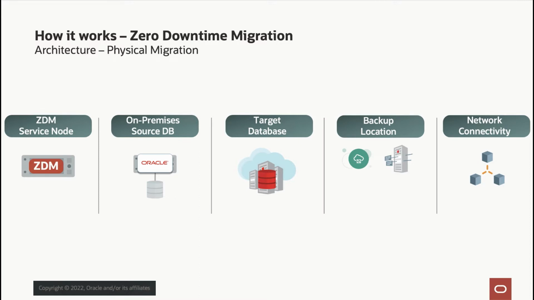Then the backup location: if you're migrating to an Oracle Cloud Infrastructure-based database, then that backup location can be the object store. But if you're migrating to Exadata on-premises or Exadata Cloud at Customer, the backup location, of course, will be NFS or the recovery appliance. And of course, we have network connectivity because we have to be sure that ZDM can connect to the source database, the target database, backup location, etc.